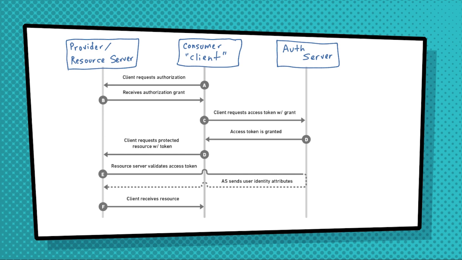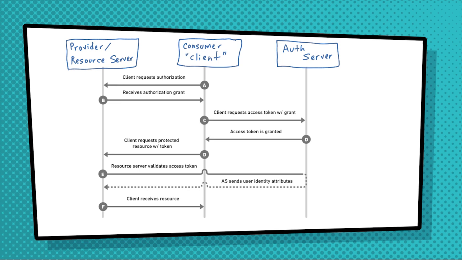Now this access token is provided in the HTTP header for subsequent requests, and the specifics of this interaction between the consumer and the provider depend on whether there are several server-hosted websites, browser-based applications or mobile applications, right?